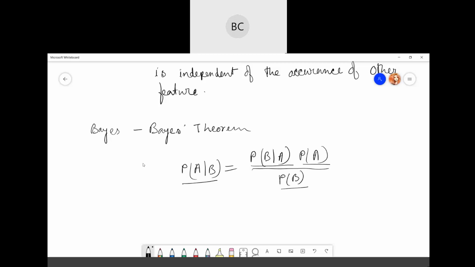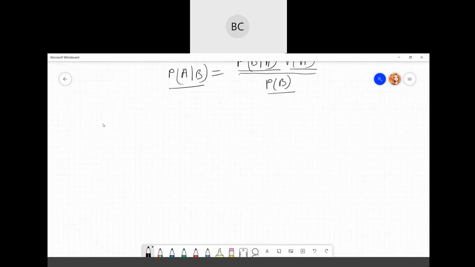If you want to see an example, I can go for the example. Let's just see. Have you done any problem with naive Bayes earlier?